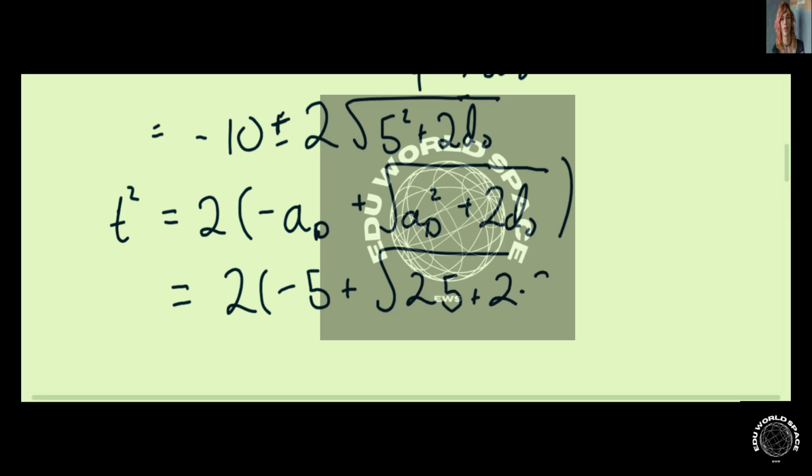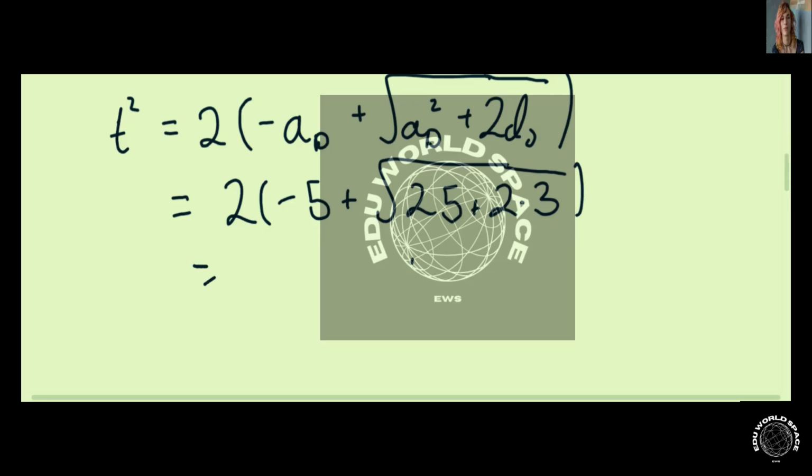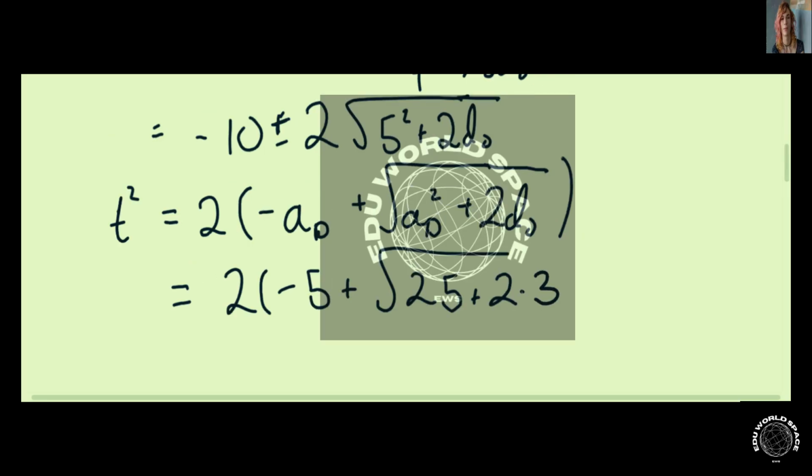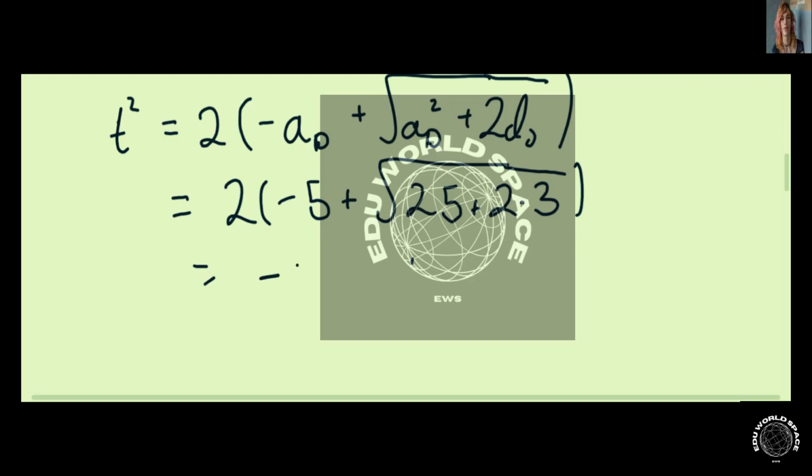So we can plug things in again. So 2 times minus 5 plus square root 25 plus 2 times d naught, which is 3. And if we multiply that all out, 2 times minus 10 plus 2 square root 25 plus 2 times 3 is 25 plus 6, which is 31.